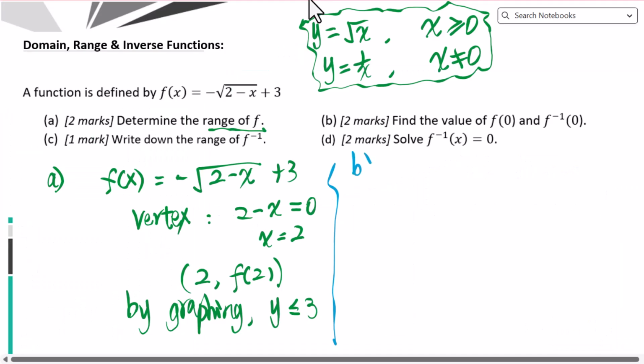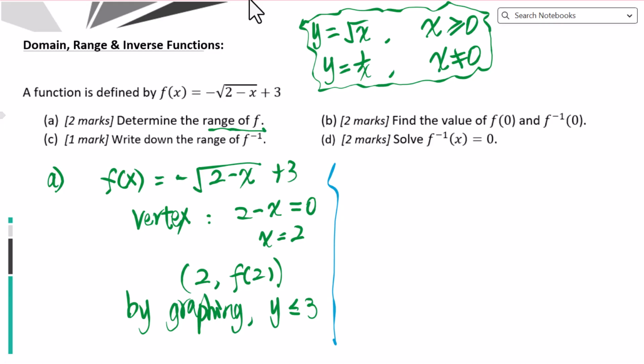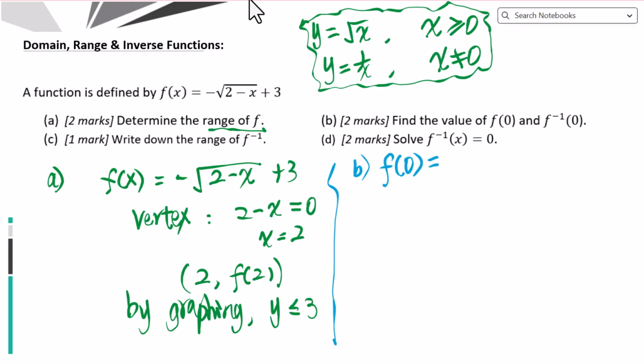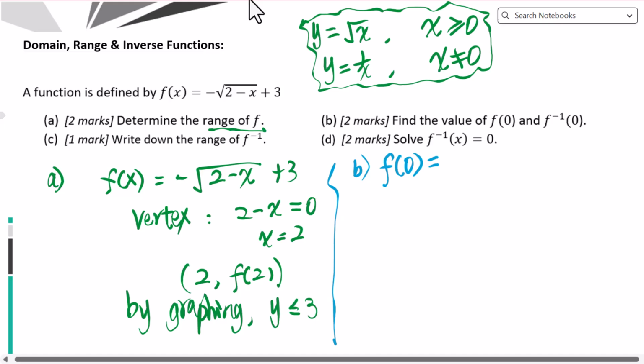Let's go to B. Find the value of f of 0 and inverse of f of 0. F of 0, let's do the substitution. Substitute 0 for x.